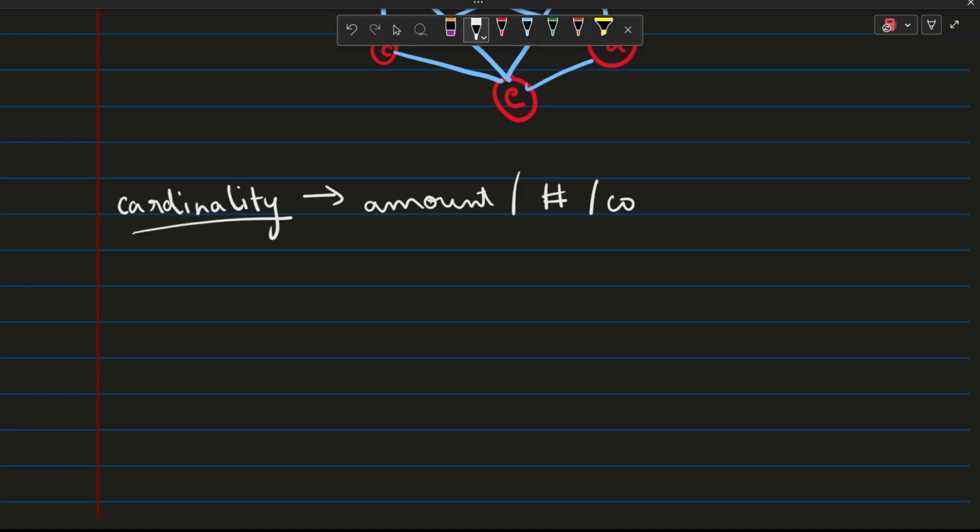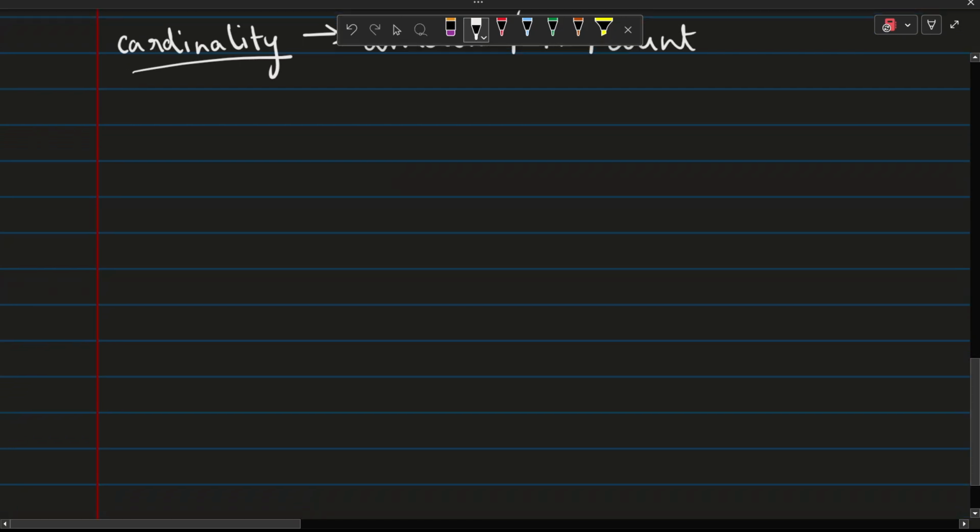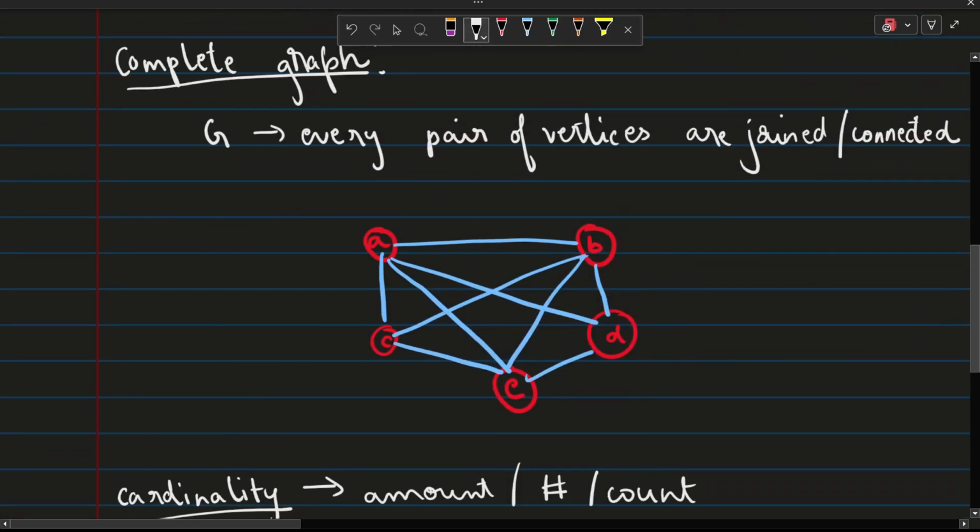It's like a count of something is called cardinality. For example, the cardinality of A, number of vertices it's connected to, 1, 2, 3 and 4.